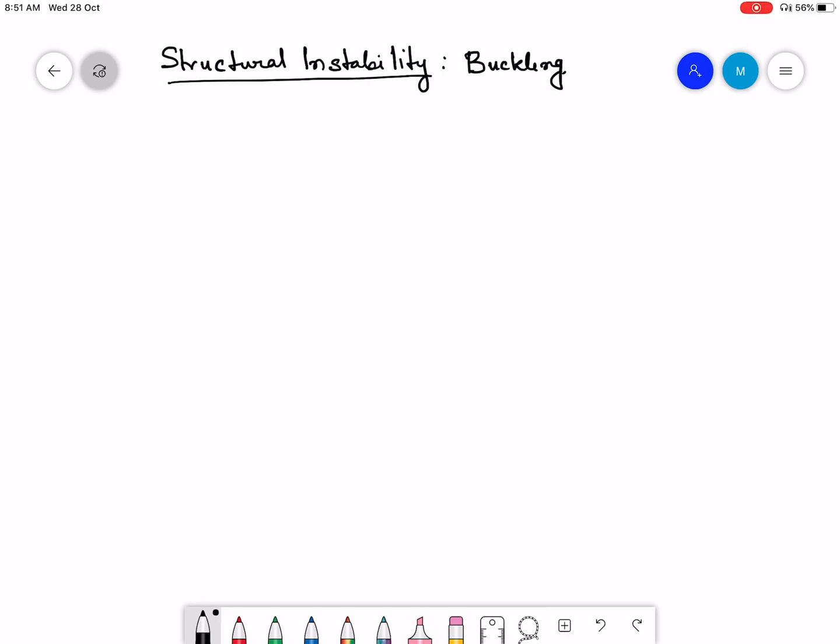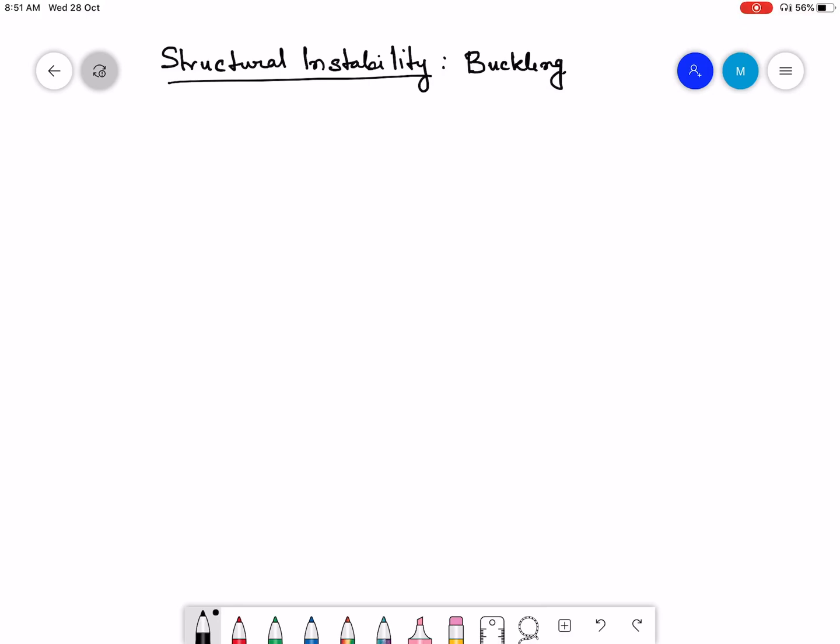So any of these portions of a semi-monocoque structure of an aircraft, when it experiences a compressive force, has this tendency to buckle or bow because of this compressive force that is being applied.